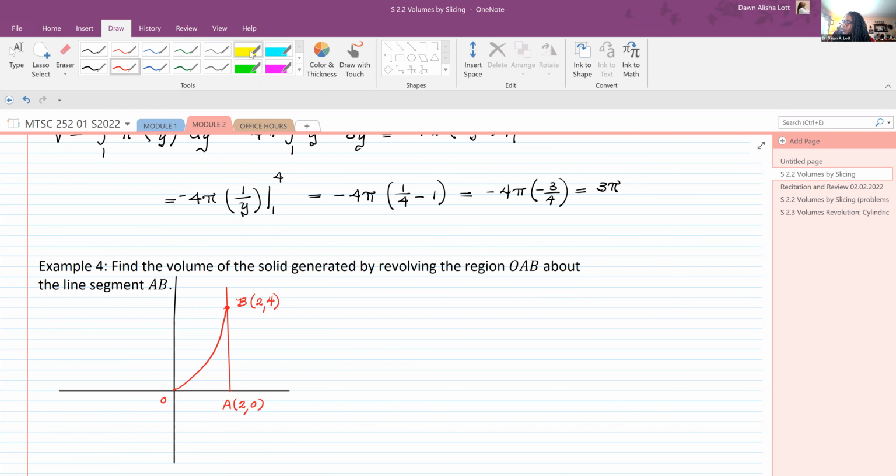And so this is the region that I want to revolve. I usually make it a different way, but that's fine, I can do it that way. So this is the region I want to revolve around the line segment AB. Here is the line segment AB.